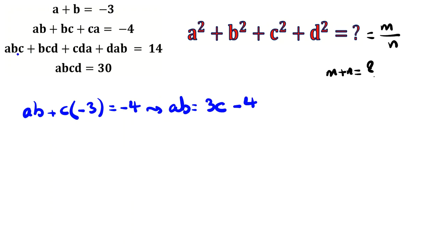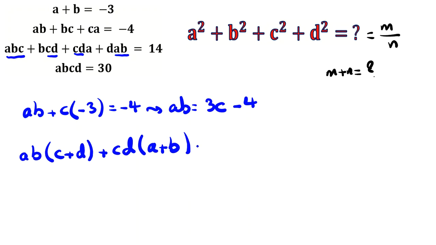Now we want to replace ab and a plus b with c and d to reach two equations, two variables. So the first one is abc and this one is cd, we factor from cd a plus b. Again here we have ab. If you consider the third equation, abc plus d plus cd times a plus b equals 14.